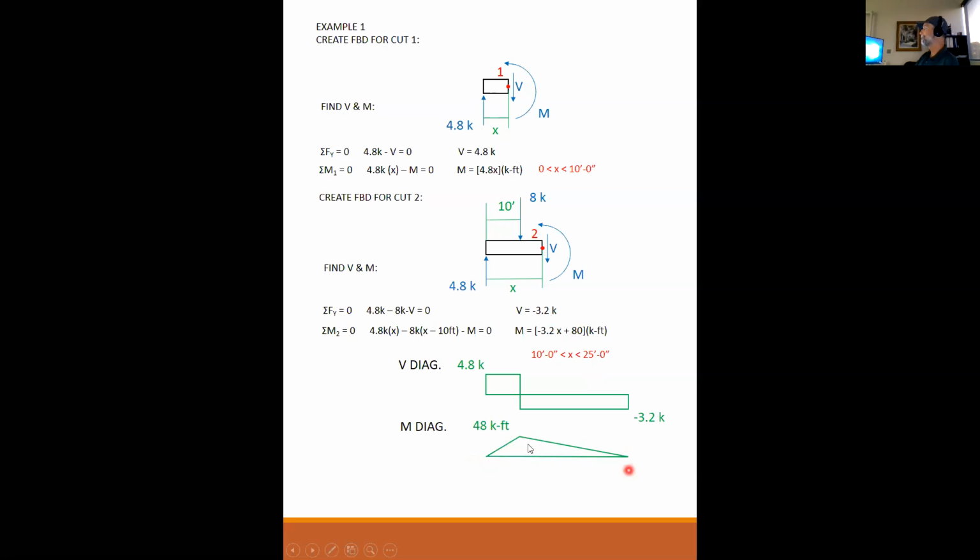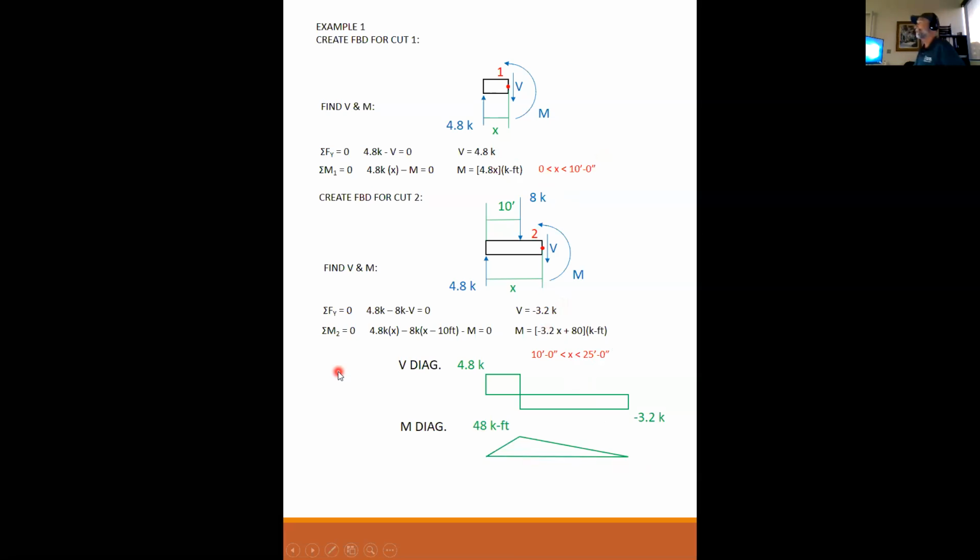When you're drawing moment diagrams, if the original problem has no applied moments at the ends, and there's no possibility of restraint for moments, no fixity at the ends, then the moment diagram has to equal 0 at the ends. So when you plug in the values that you got, 0 here, 25 here, you better end up with 0 at those ends, or there's something wrong.